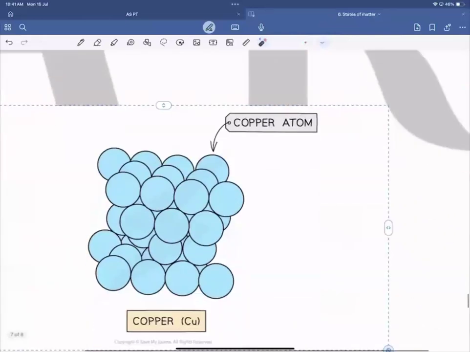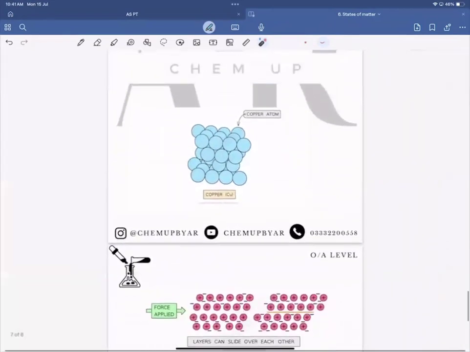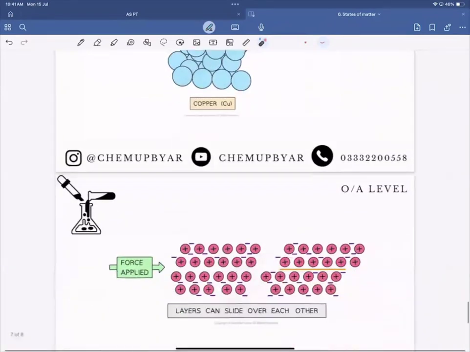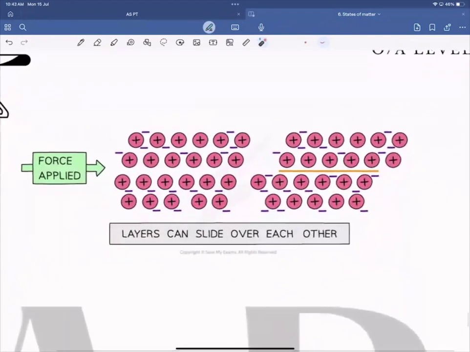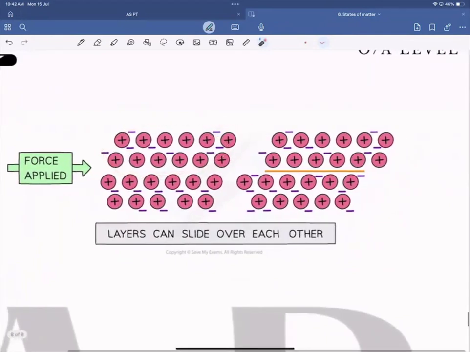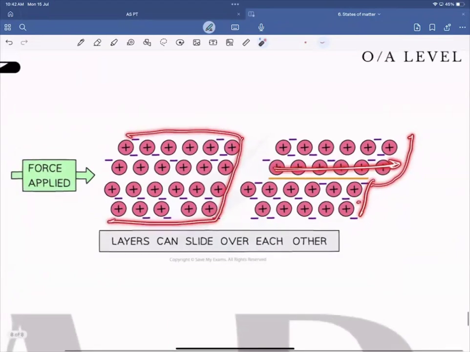Then this is the metallic lattice, because in a metallic lattice all atoms are of the same kind, and between these cations the electrons are moving freely, right? And here is the demonstration of malleability or ductility. When force is applied, these layers get pushed away and shifted to the right side, changing the shape of the metal.